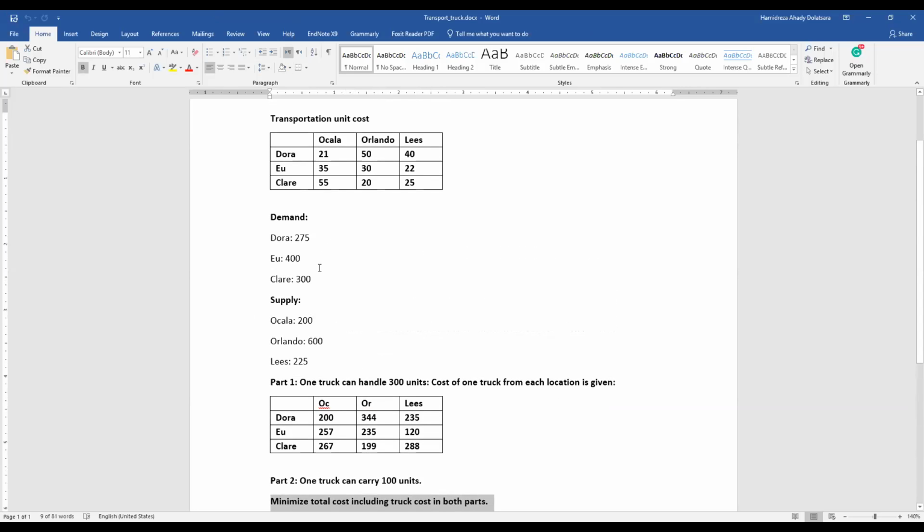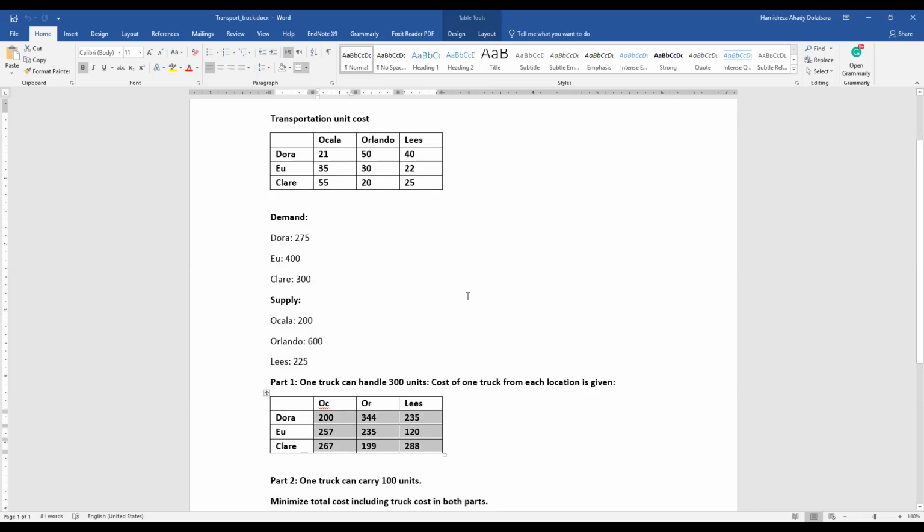Again, we have certain suppliers and certain customers. So basically demand is for customers, supply or capacity is for suppliers. We know the unit cost from each supplier to customers, and we also know the truck cost.